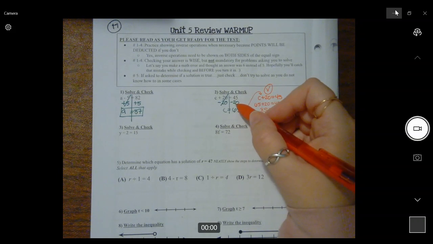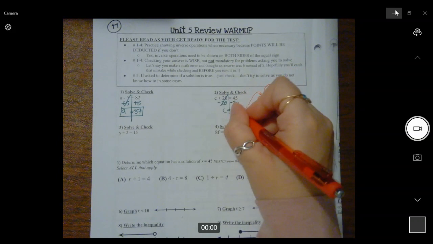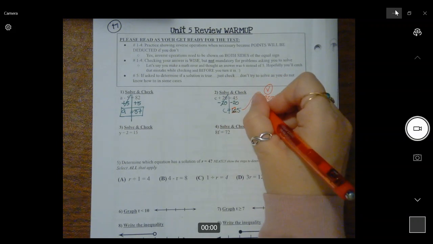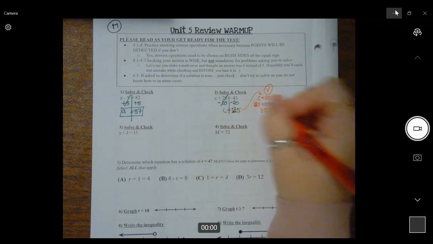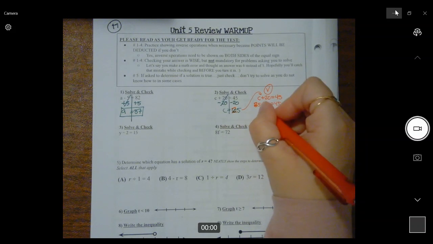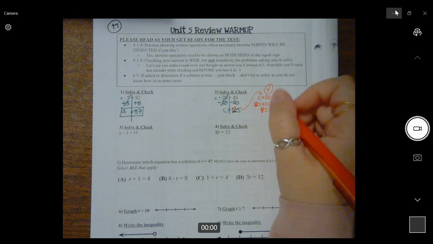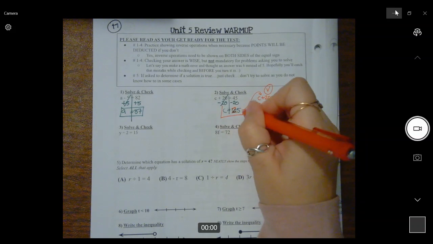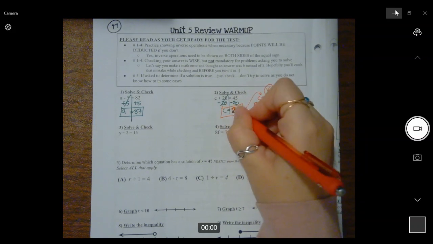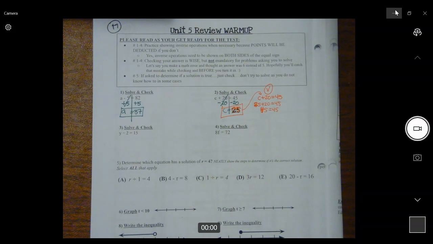Oh, 45 minus 20 is actually 25. So let me try plugging in a 25 there for C. Well, 25 plus 20 is 45. Bring down your equals, bring down your 45. That's a true statement. Okay, so 25 must have been the right answer there, not 65. So checking isn't just busy work, it's to help you catch yourself in case you make a silly math error.